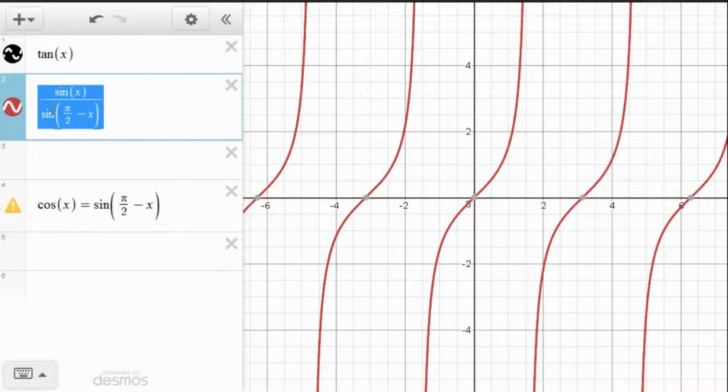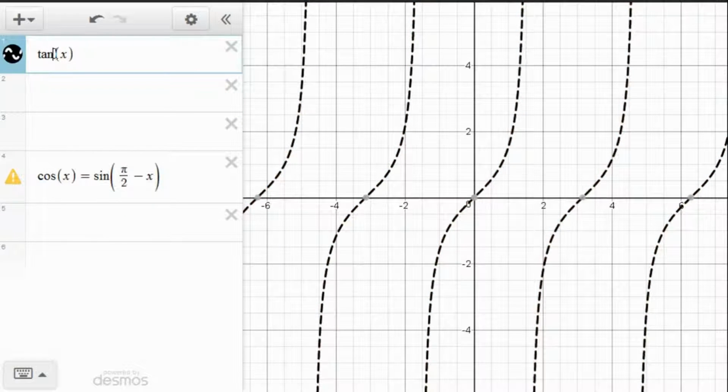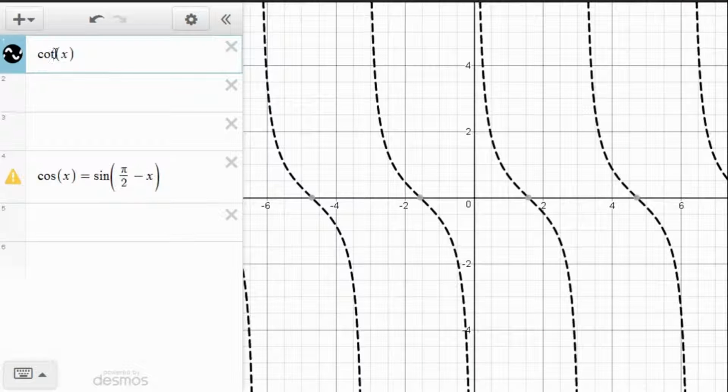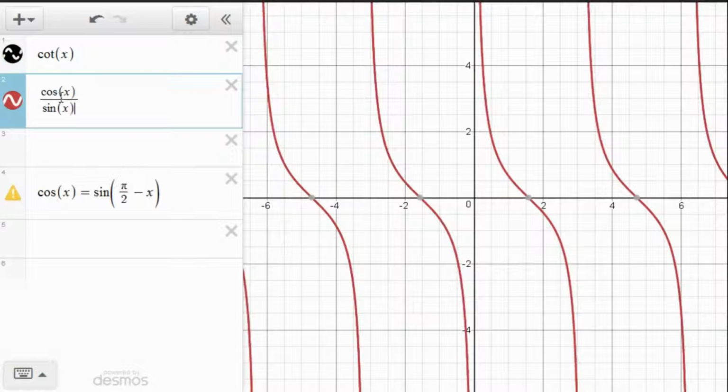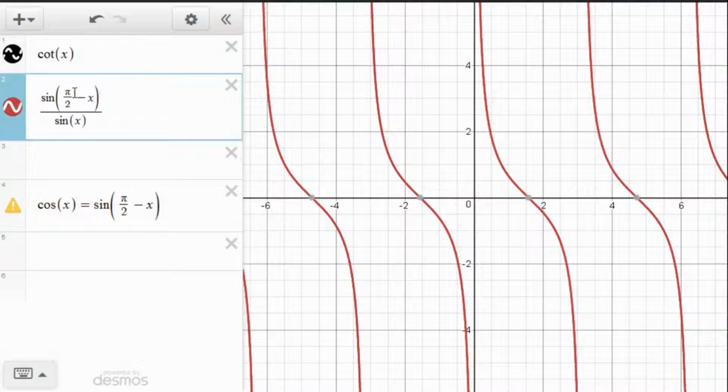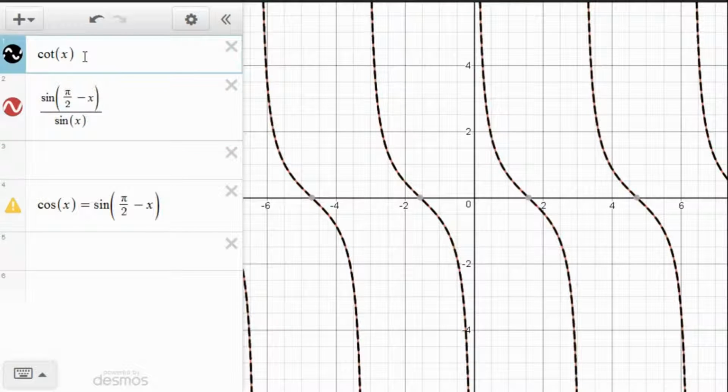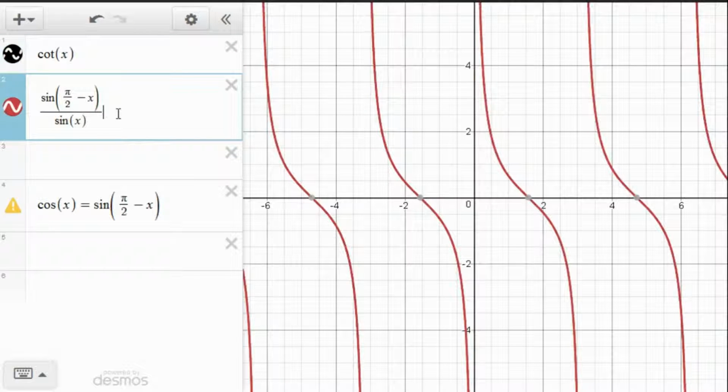So the only remaining function is cotangent of x, which looks like this, and is defined to be cosine of x divided by sine of x. And again, if we just sub in for cosine of x, we see that cotangent of x is equal to sine of pi over 2 minus x divided by sine of x. So indeed, we can write all of the 6 trigonometric functions in terms of sine.